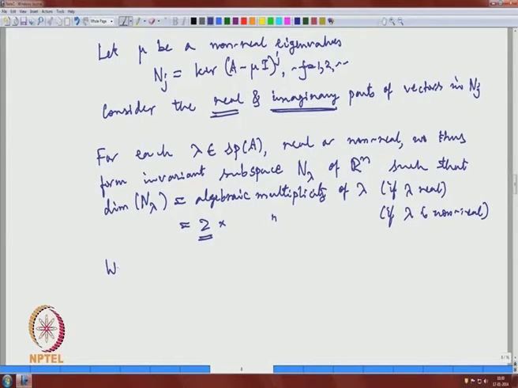By the very choice, we also have that N_lambda intersection N_mu is just 0, that is by very construction you see that. Okay.